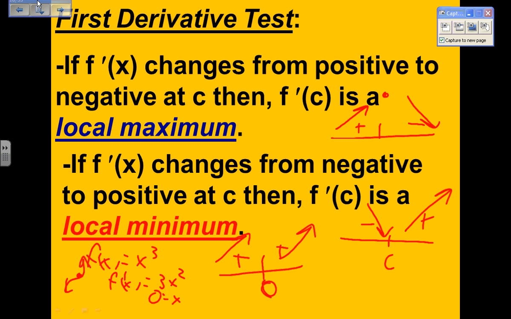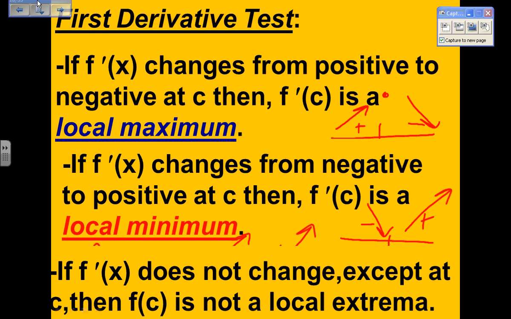Okay? All right? Excellent. We're moving on. So here, it doesn't tell you it's a local max. So there's also those cases. If there's no change then there's no local extrema. So you remember when your problems you just did for today where it says show that or prove that? These are the words you're going to use. The derivative is positive on both sides, therefore there's no local extrema. The derivative is negative on both sides, therefore there's no local extrema.